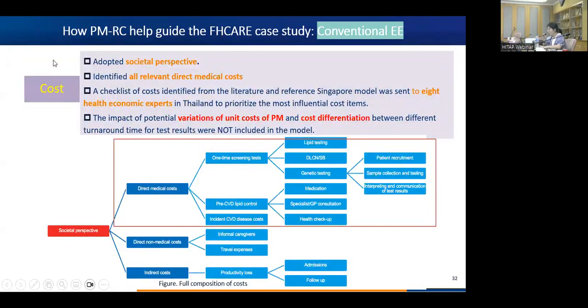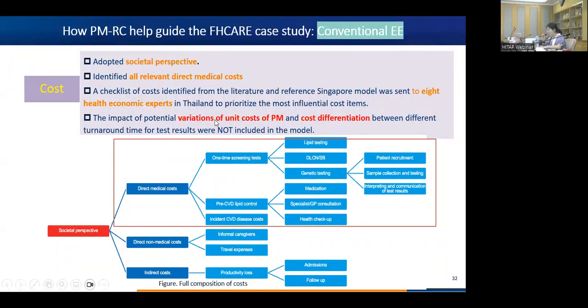We followed the Thailand local HTA guideline, as recommended by PMRC, to adopt a societal perspective, thereby incorporating both indirect costs, such as the cost of productivity loss, and direct non-medical costs, including informal care cost and travel expenses for the patient and family.